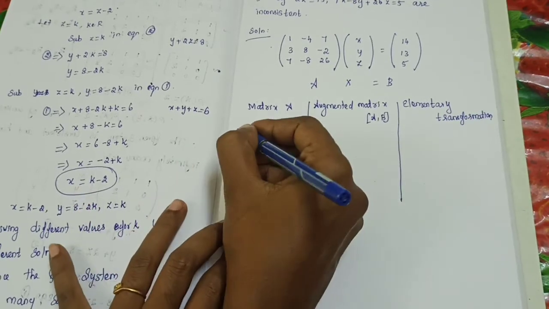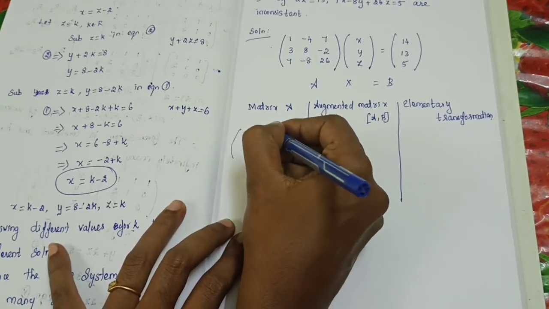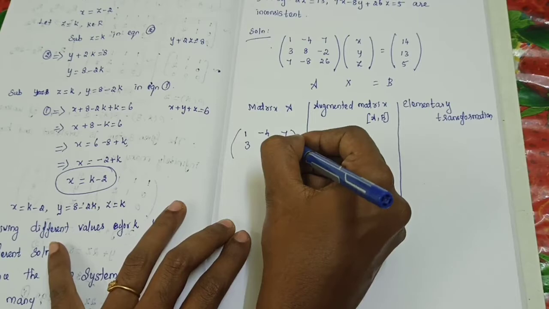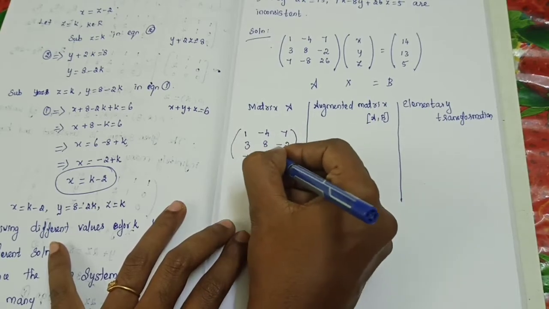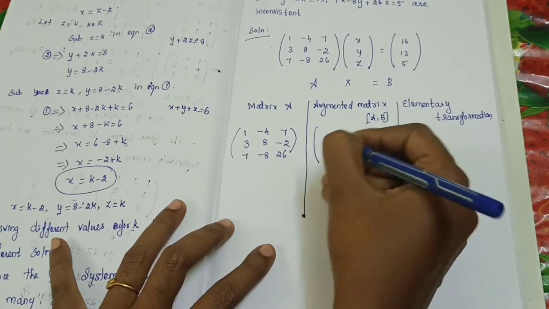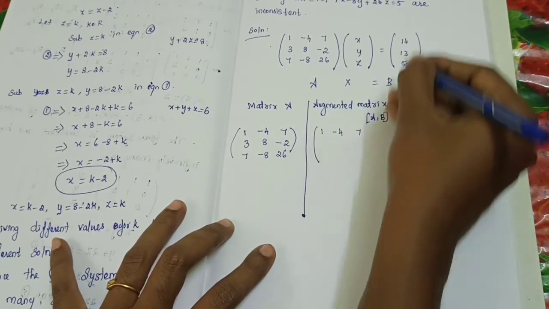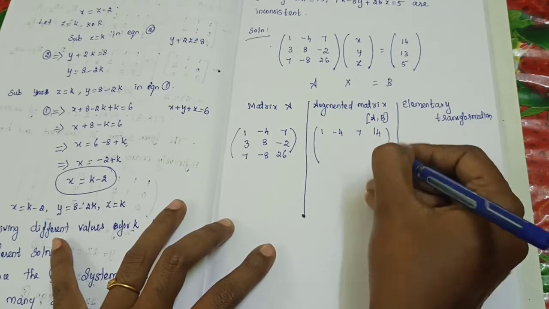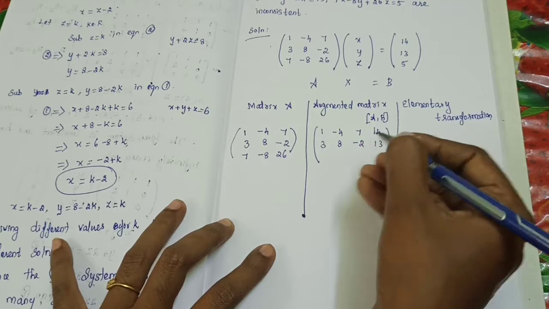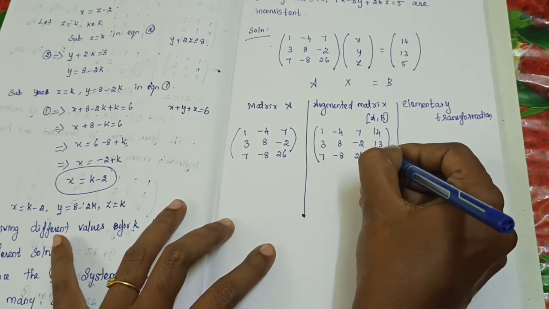So first I am going to write the matrix A, that is 1, minus 4, 7; 3, 8, minus 2; 7, minus 8, 26. Then the augmented matrix, that is (A, b): 1, minus 4, 7, 14; 3, 8, minus 2, 13; 7, minus 8, 26, 5.